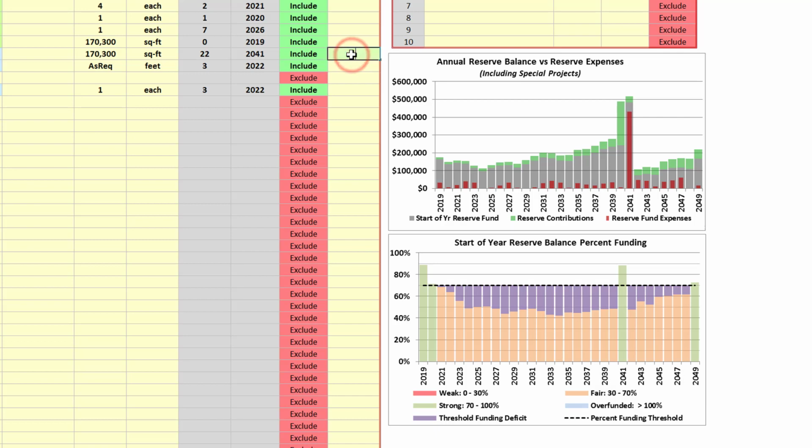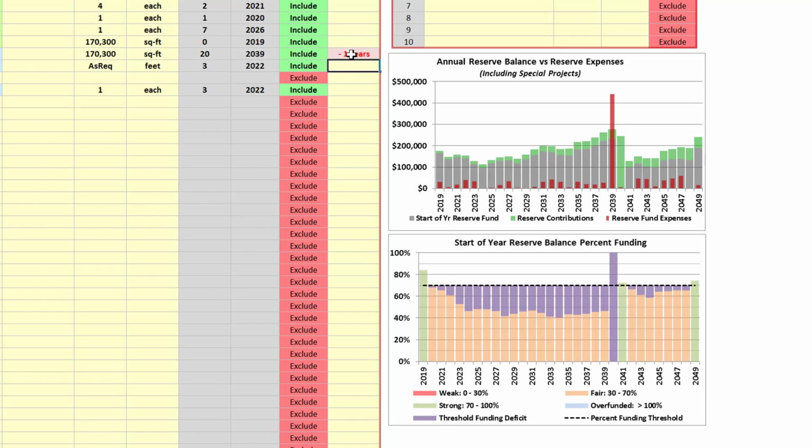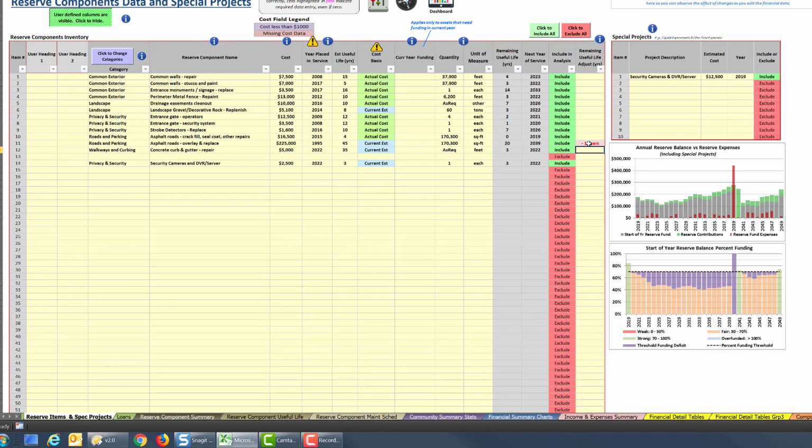If we reduce it by a year, have to do it a year earlier, we're going to have to move our loan back into 2039 in order to pay for it. But again, this is just to demonstrate for you the sensitivity of the analysis, where you can defer or bring forward particular reserve component expenses.